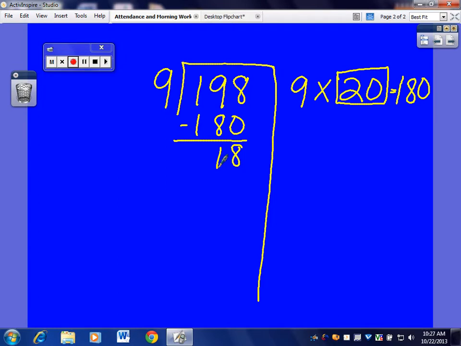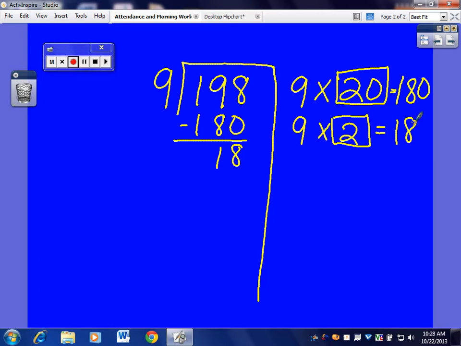All right, what's the next step? Multiply 9 times 2, because 9 times 2 equals 18. Good. So we're basically dividing 18 divided by 9, or we're thinking 9 times what equals 18. Excellent. Now what's my next step?